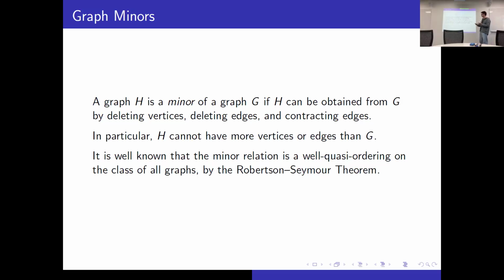And actually, that partial ordering is a well-quasi-order, which means that if you have an infinite sequence of graphs, then you can find two graphs such that the earlier one is a minor of a later one.